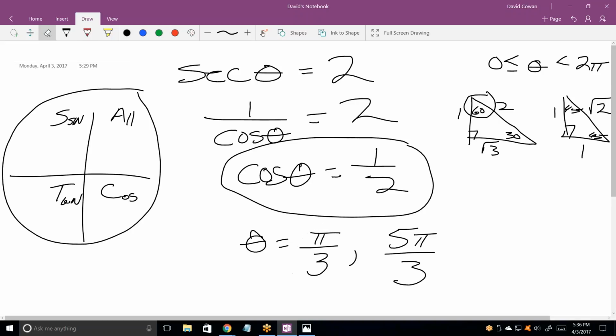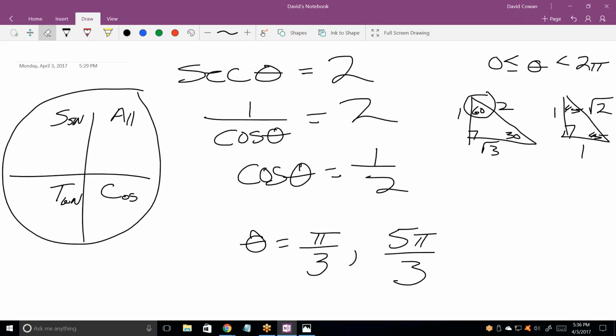In other words, we turned it from a secant problem into a cosine problem. And then once it was a cosine problem, it was pretty easy. But we still had to know where cosine of theta is equal to 1/2 in the first quadrant. And then we have to figure out that equivalent angle in whichever other quadrant where it's positive.